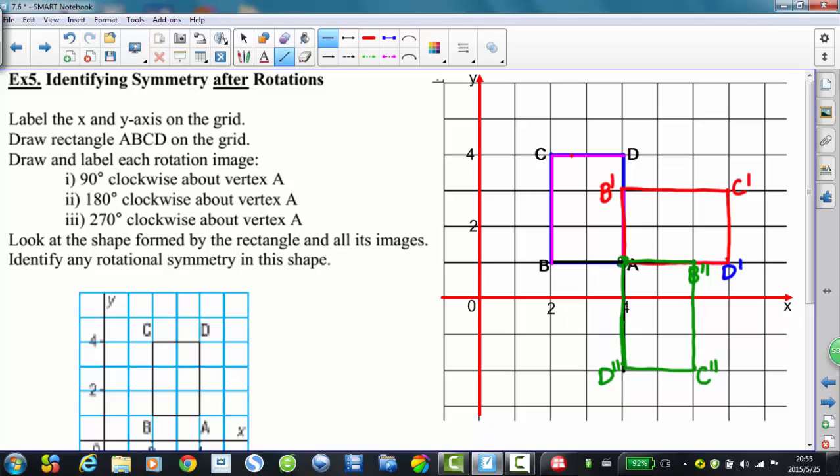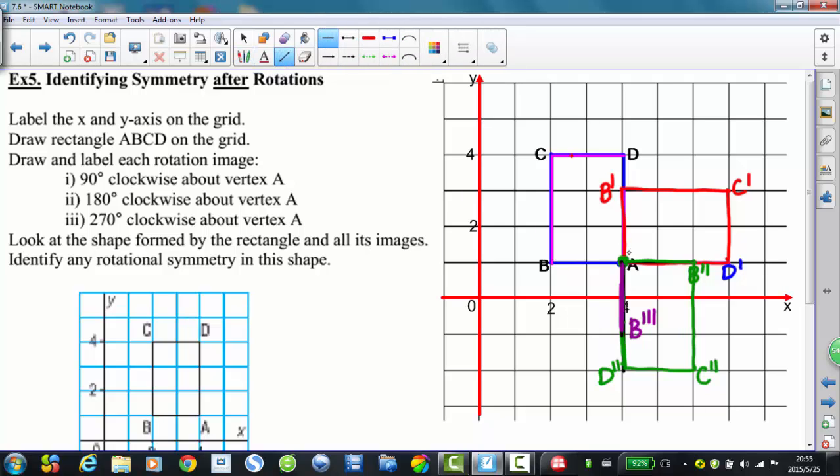So I will rotate this AB about this point A, 270 degrees clockwise, 90 clockwise, 180 clockwise, 270 clockwise. So I will use the purple color to highlight this side. And this B, I will call this B triple prime. So A, B triple prime corresponds to AB in the original one.